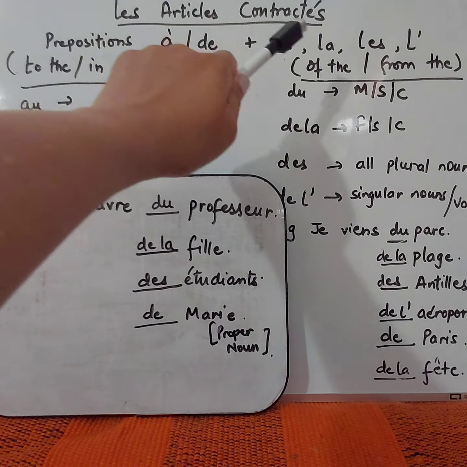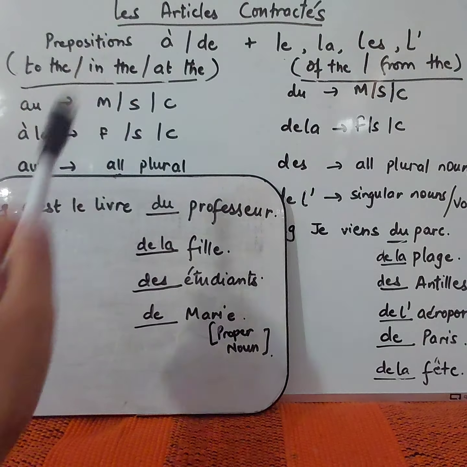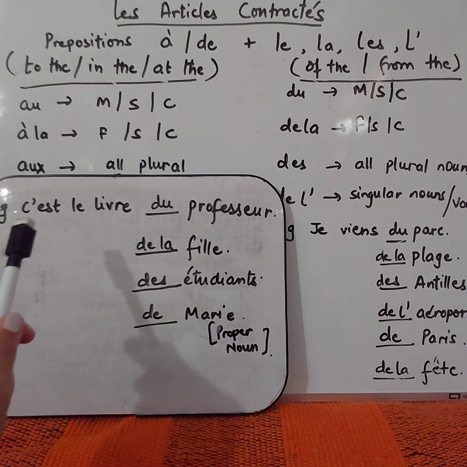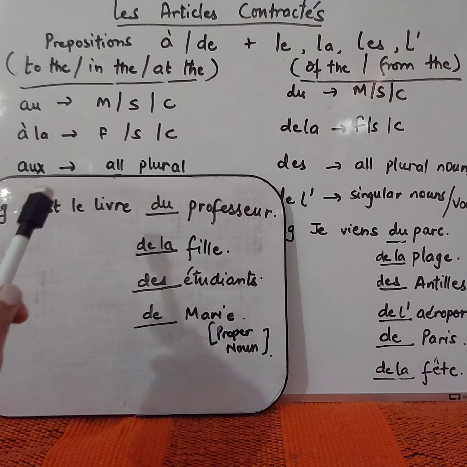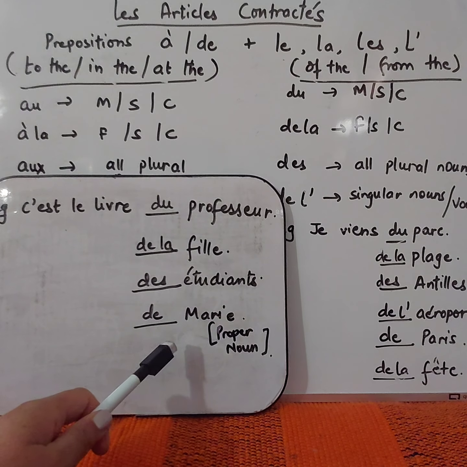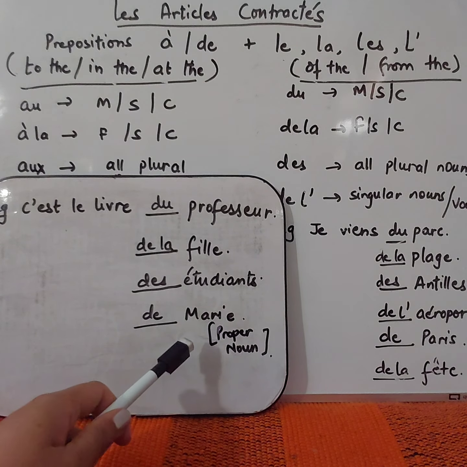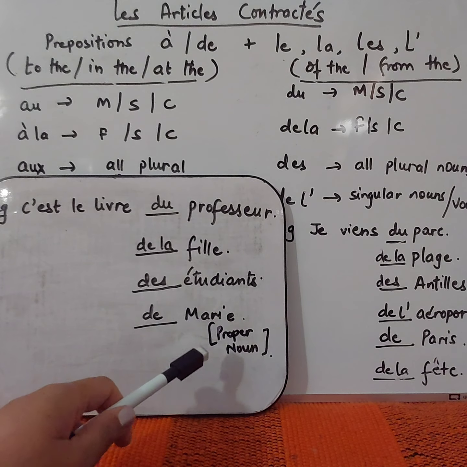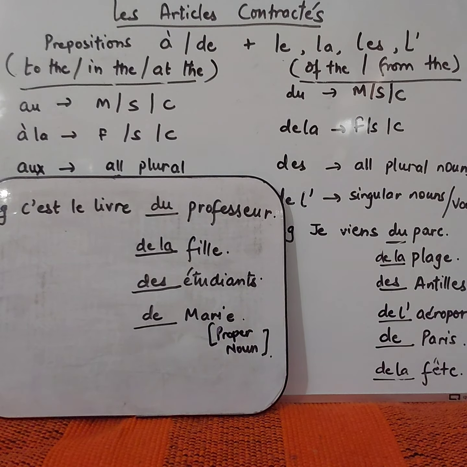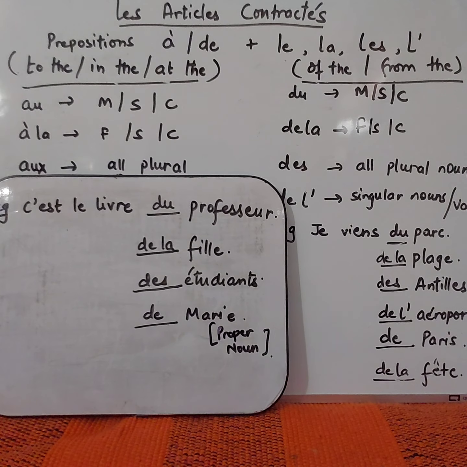Now de means of or from. So I have to say this is the book of Marie. So I'll say c'est le livre de Marie. If I have to say this is the book of Paul, I will say c'est le livre de Paul, right? I hope that makes sense to all of you.